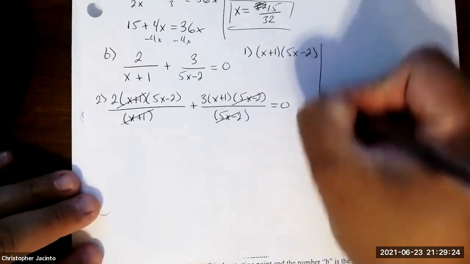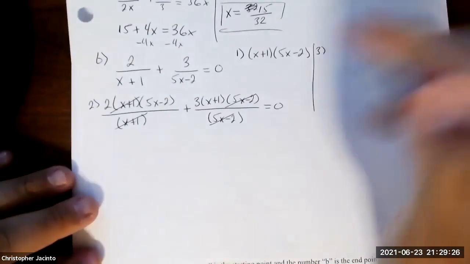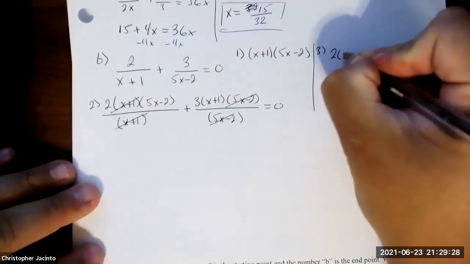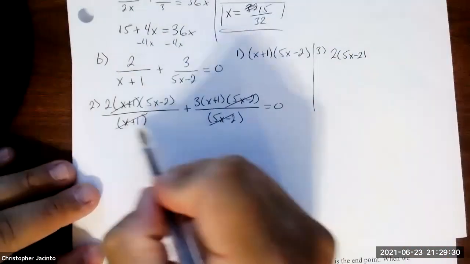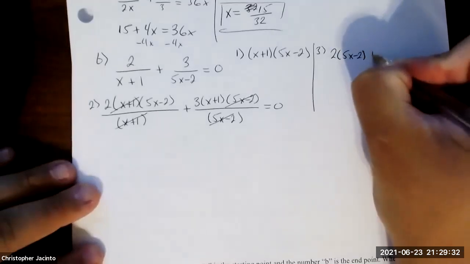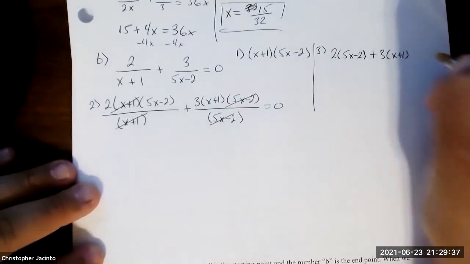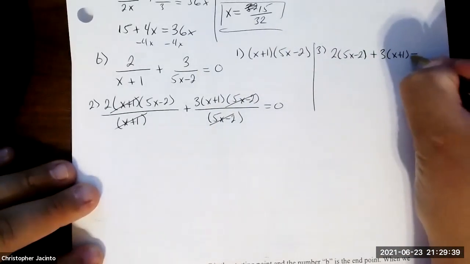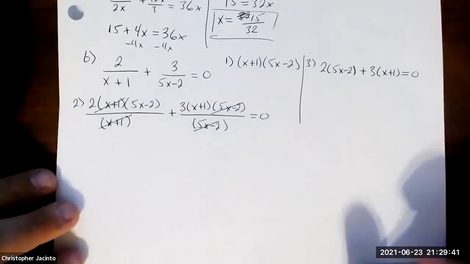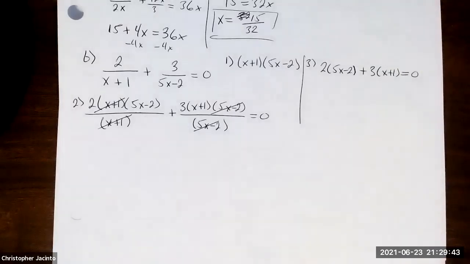So really, step 3 now becomes very nicely, it's just 2 times the 5x minus 2. That's the only thing that's left over. Plus, and on this side, it's going to be 3 times the x plus 1. Again, that's the only thing that's left over, equals 0. So now look how nicely that ends up being. Okay.